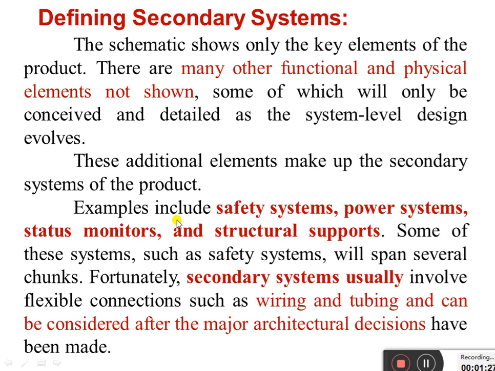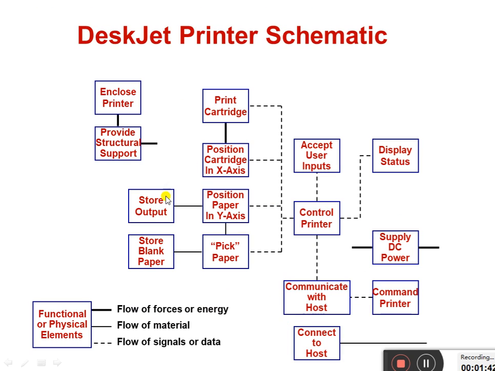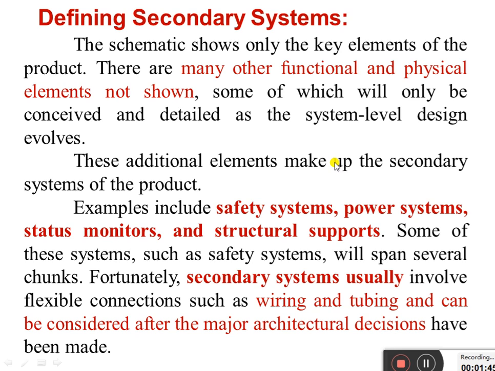Examples include safety systems, power systems, status monitors, and structural supports. These are the systems not mentioned in the schematic diagram of the desktop printer.